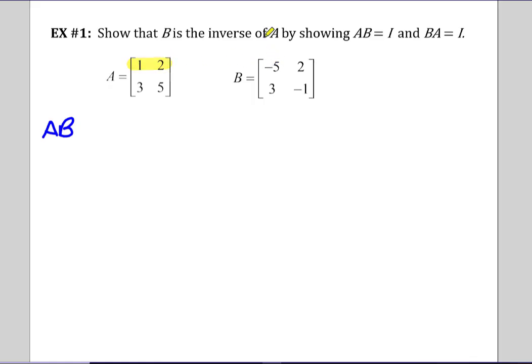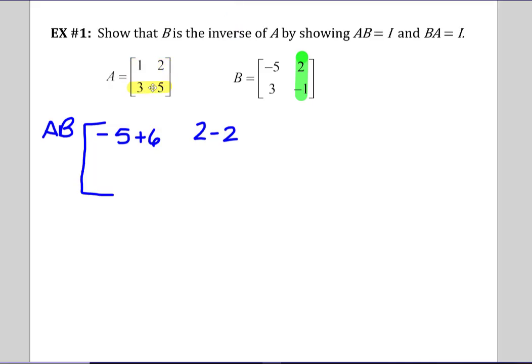We multiply row of A times the column of B, and we've got 1 times -5, so that's -5, and 2 times 3. Then going over to column 2, we have 1 times 2, and we add 2 times -1.